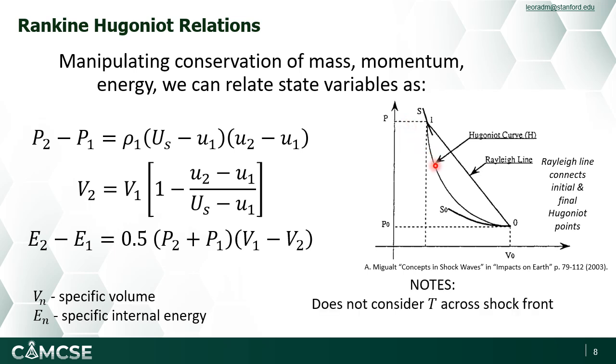It's worth noting now that none of these equations that we've considered so far explicitly include a consideration of temperature across that shock front. This is incredibly important, and one of the reasons why a large question across shock physics asks, what exactly is our understanding of temperature, and how does our understanding of the material change the way that temperature should evolve during these shock responses?